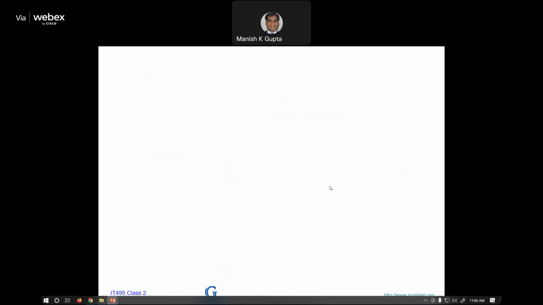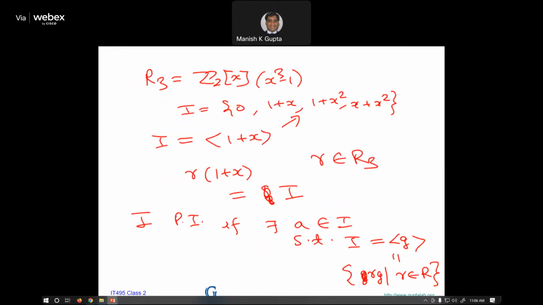Now that means, formally an ideal is principal ideal if there exists an element G in I such that I is generated by G, that means this is nothing but R times G such that R belongs to R. R is our Z2X here, right?